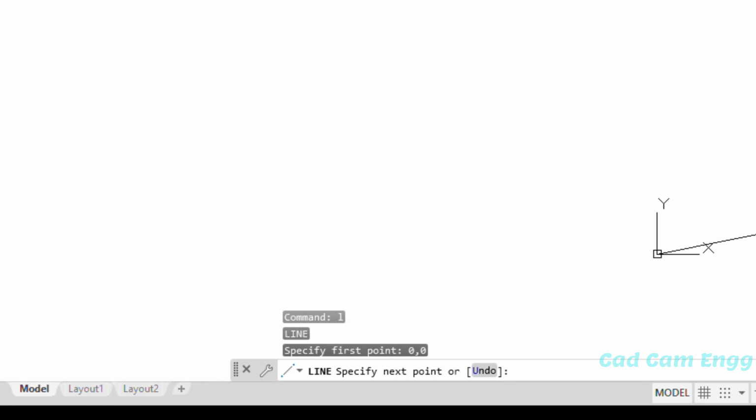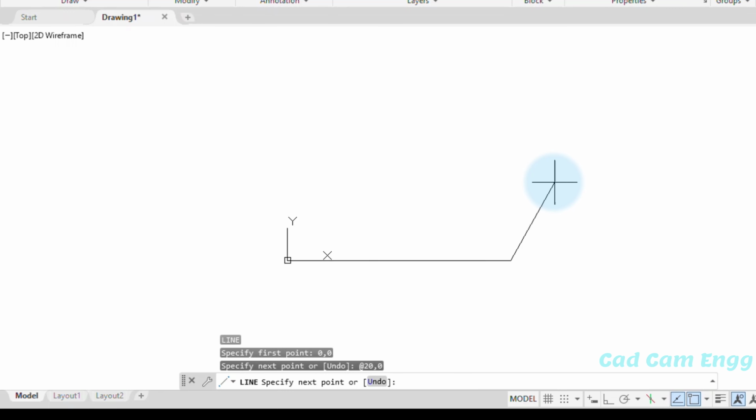Okay, done. Next, now we are using the relative coordinate method. That's why I am using the at the rate symbol. Then the distance is 20 comma 0. Like this. Again, now point number 3: at the rate 0 comma 20.